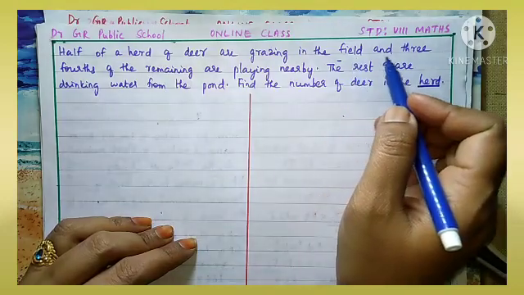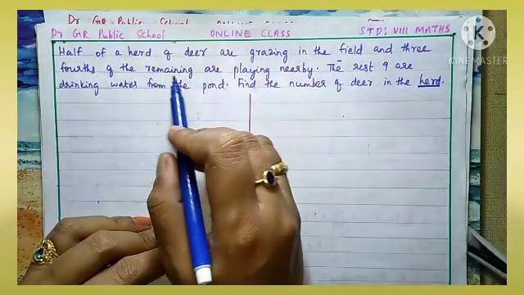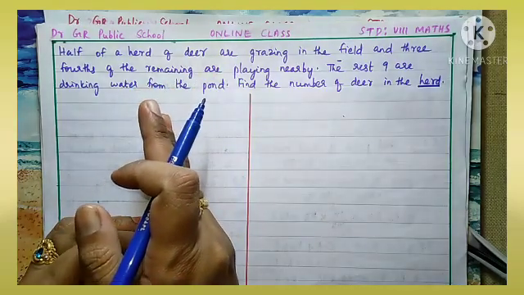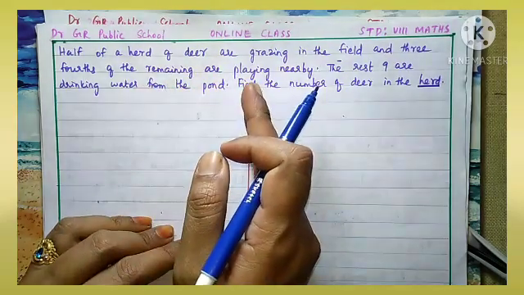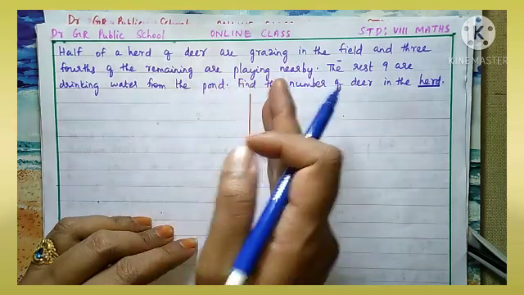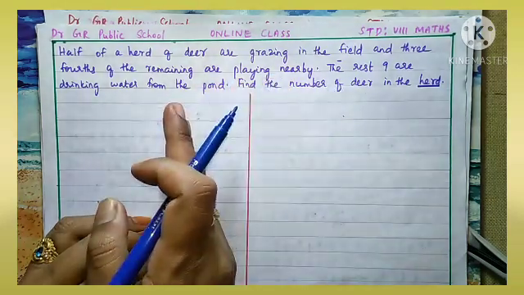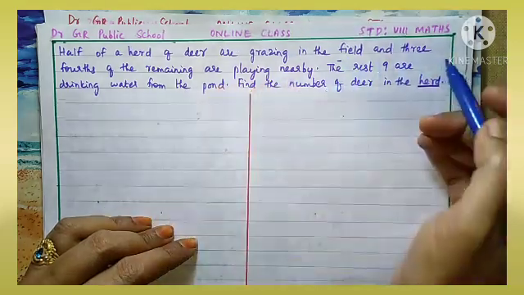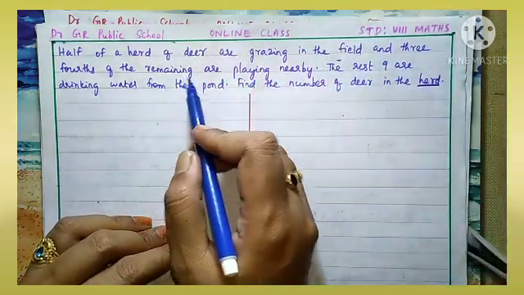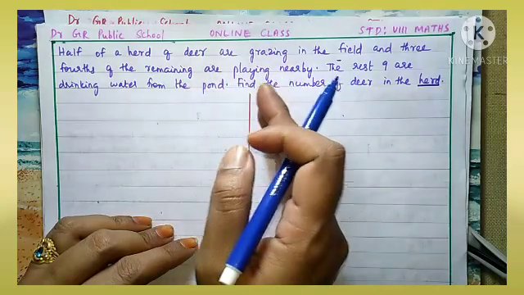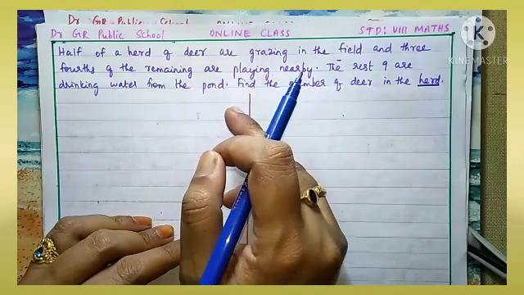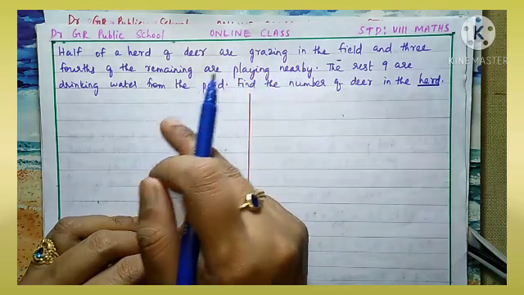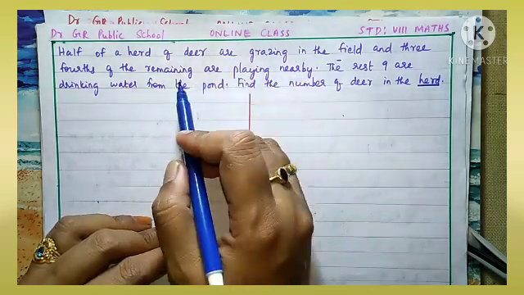Understood? And 3/4 of the remaining. So when half are grazing in the field, what about the remaining quantity? Yes, that is the remaining half. So the first half is grazing in the field, and 3/4 of the remaining half, what are they doing?